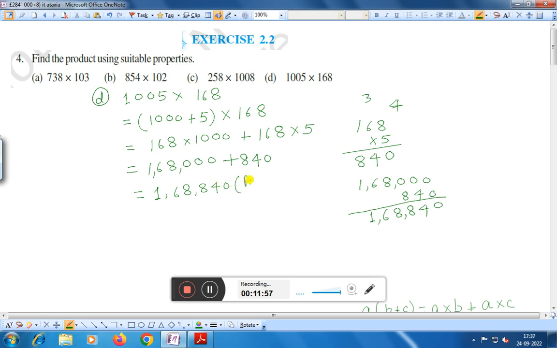This is the answer of question D. Thus, that means we have to use the distributive property to solve all these problems A, B, C and D, and that is A into (B plus C) is equal to A into B plus A into C.